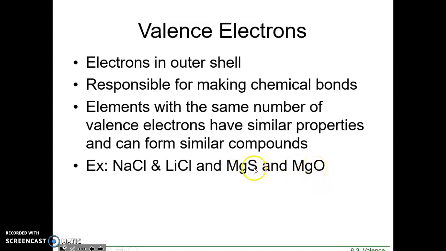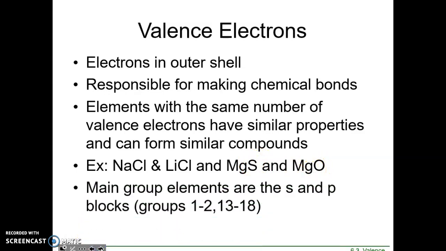They're in group 16, the oxygen family. And when we're looking at valence electrons, we're looking at our main group elements, and these are the S and P blocks. We're looking at groups 1 and 2, skip a few, groups 13 through 18.